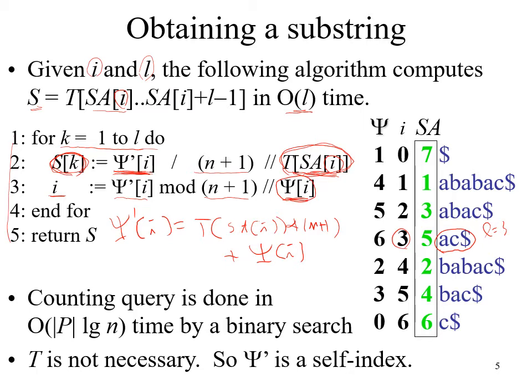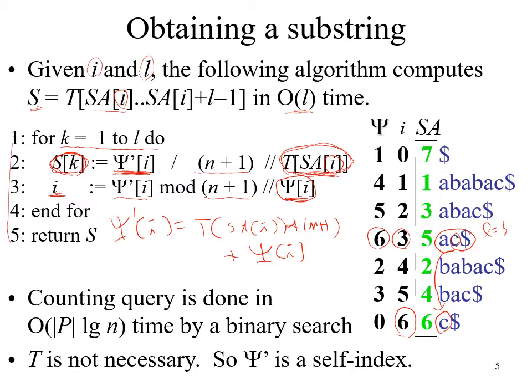So the next I is the lexicographic order of the second character of the string. Here we compute psi 3, so we go to this position. Then the next character is C. So this and this are the same.